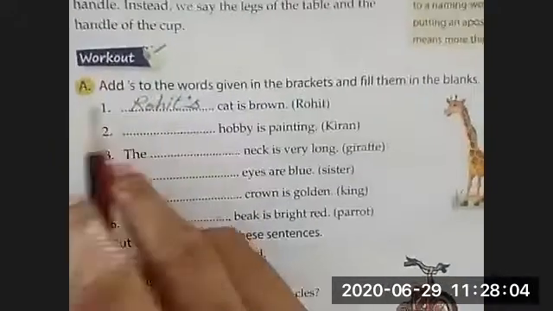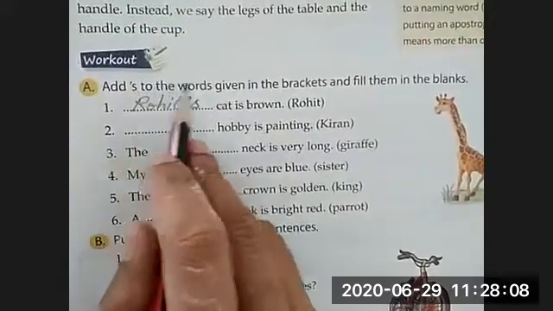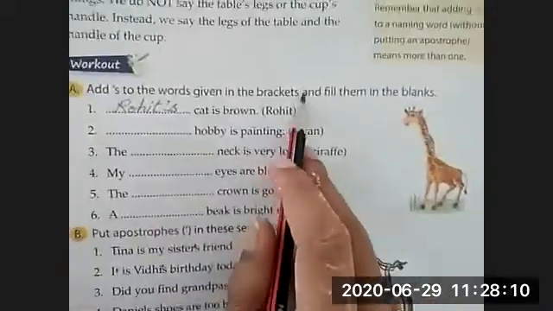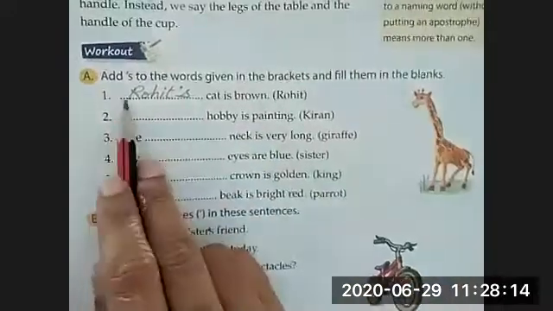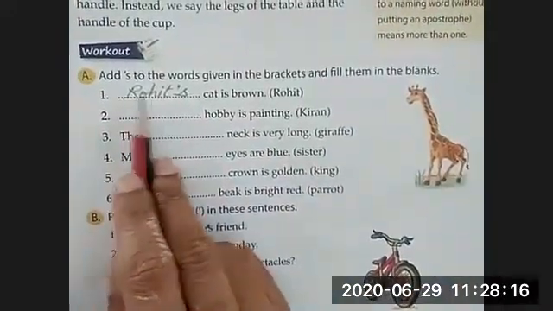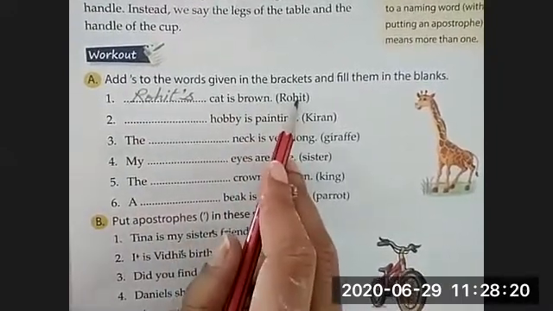The first instruction here is to add apostrophe s to the words given in the brackets and fill them in the blanks. So the first question is: cat is brown. Here in the bracket Rohit is written.